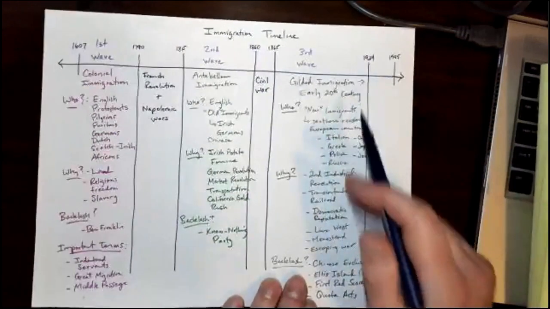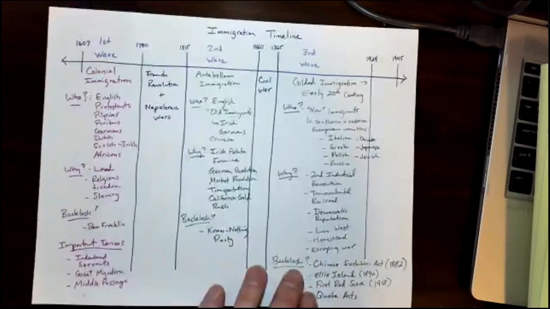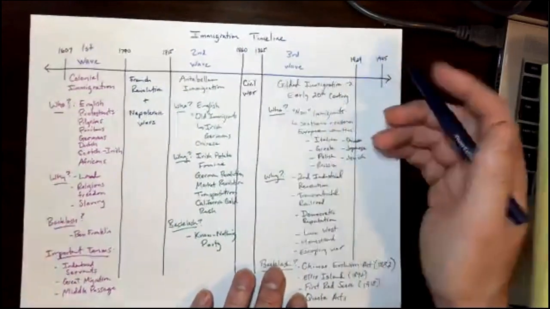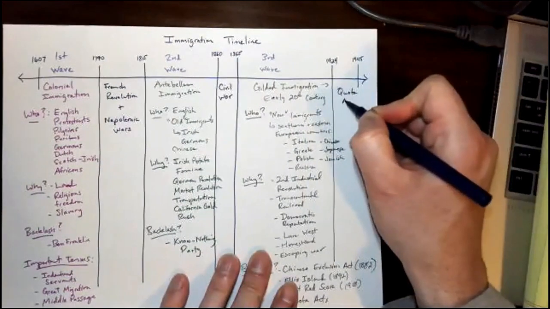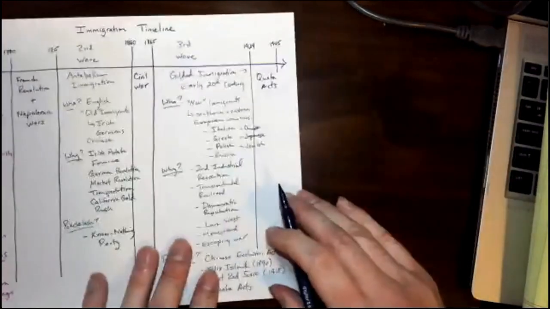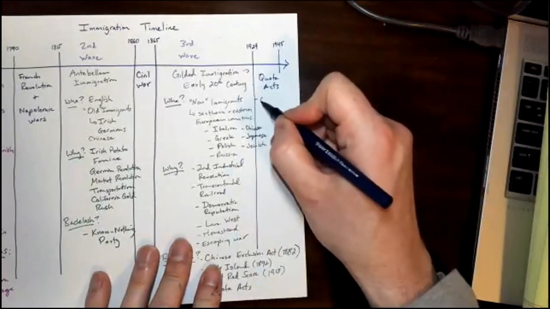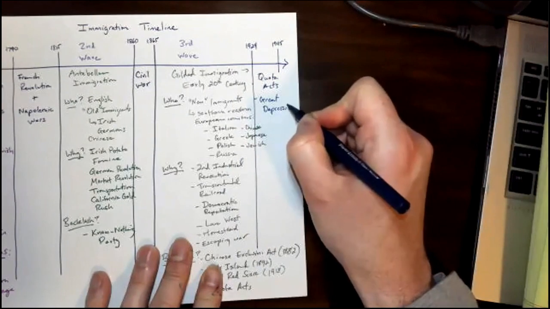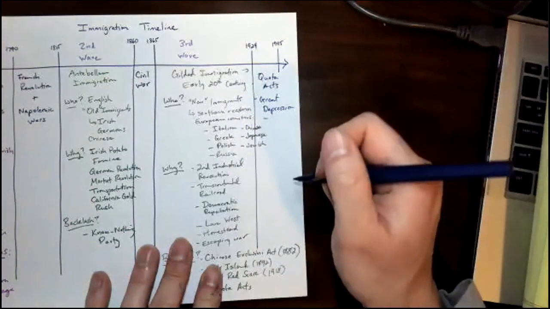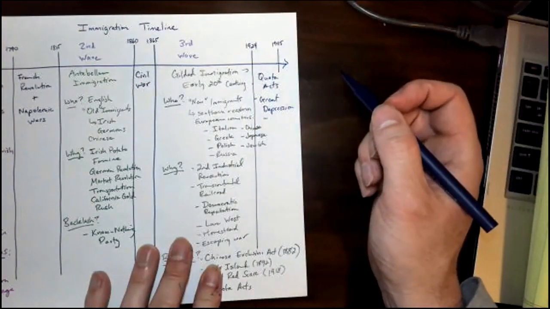1924 kind of ends this wave of immigration because of a number of things. The things that are cutting off this third period are the Quota Acts, which we already mentioned, and that's drying up immigration. But the other things are the Great Depression, which is going to lead to a lower number of immigrants coming into the United States because there aren't as many economic opportunities.